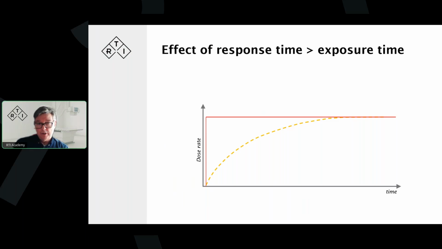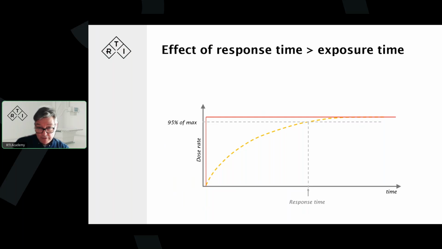This is what I try to illustrate, the readout from a meter, whatever it is, with the yellow dashed line here. The definition of the response time is when that reading reaches 95% of maximum. Sometimes it's 90, but 95%. That is the response time.